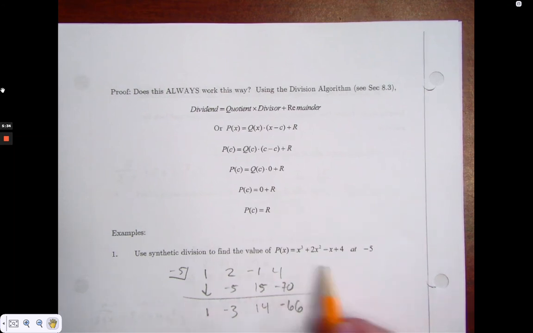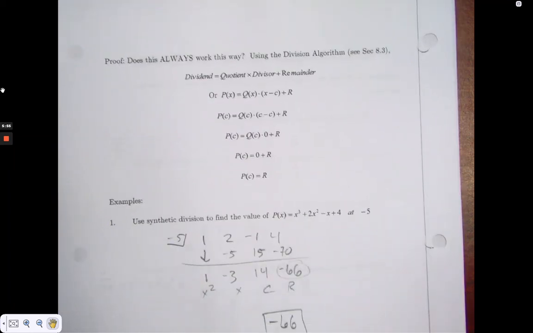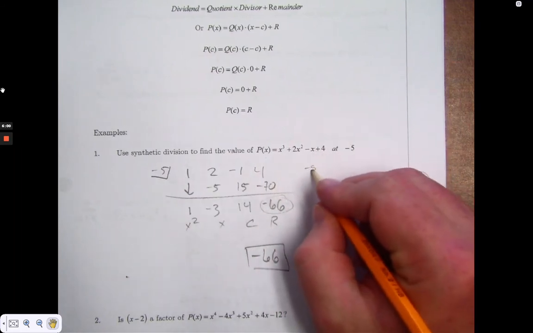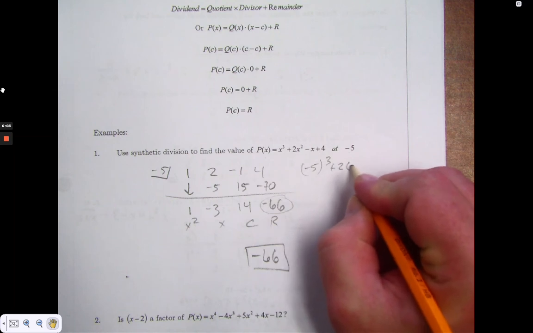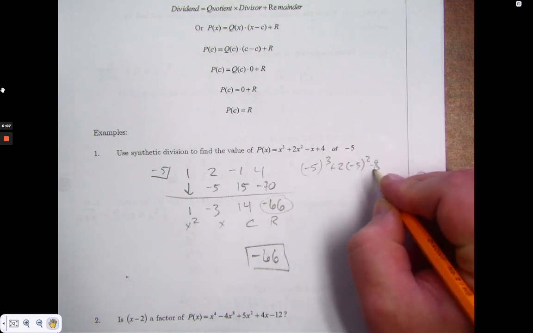Again, we start with the third degree, so it's our x squared, our x, our constant, and our remainder. What we're looking for is that remainder, because we know that remainder has to equal the same value. So that is our actual answer, -66. You can always double check that by putting -5 in up here. -5 cubed plus 2 times -5 squared minus -5.